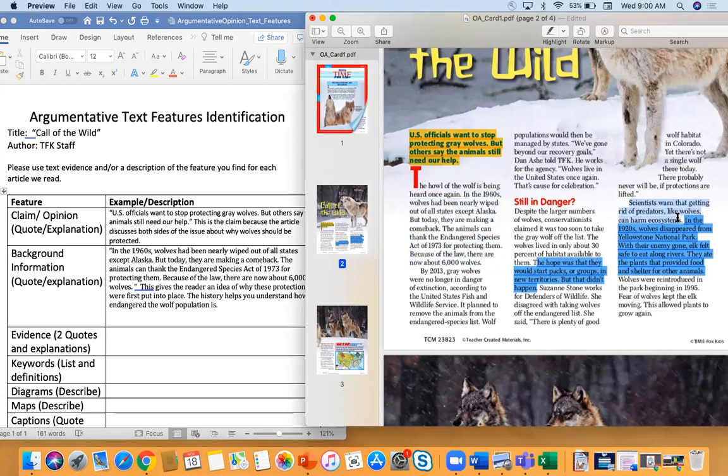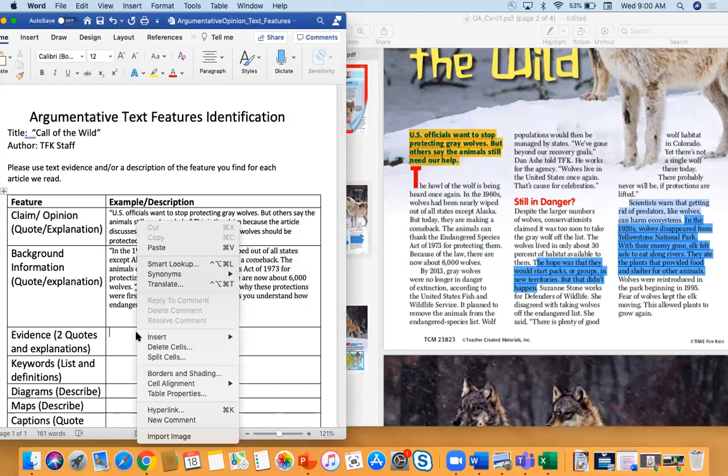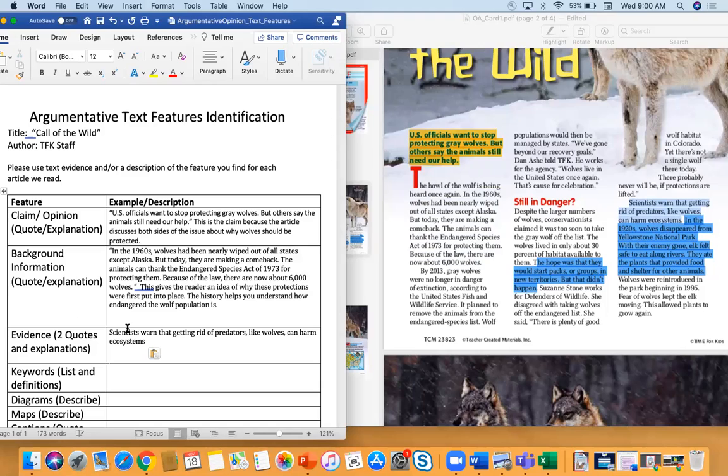This is some evidence, so you copy, paste. Scientists warn that getting rid of predators like wolves can harm ecosystems. Okay, so this is evidence number 1. And then remember, you have to explain it with the sentence.